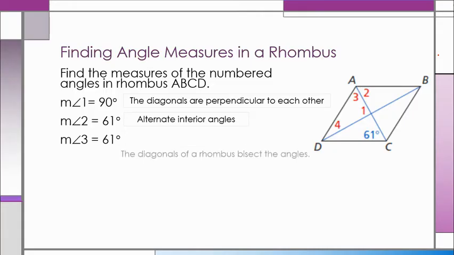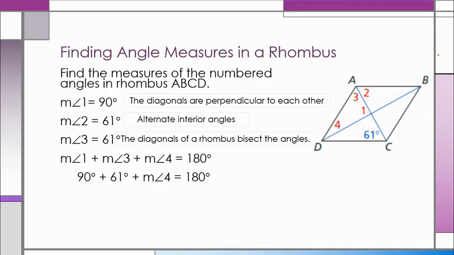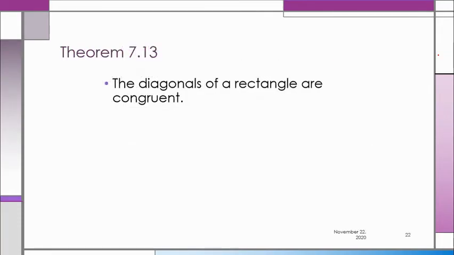Angle 3 is 61 because the diagonals of a rhombus bisect the angles. So if you add up angle 1, angle 3, and angle 4, they equal 180 because they are in a triangle. If we put down our measurements of 90 and 61, we can now find angle 4. So what is the value of angle 4? That's right, it's 29.